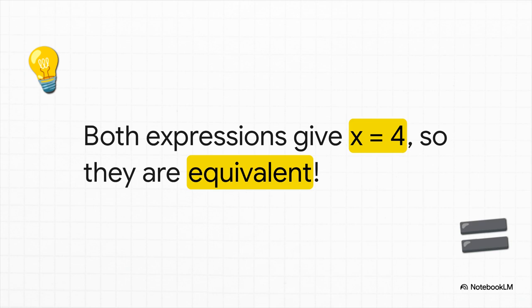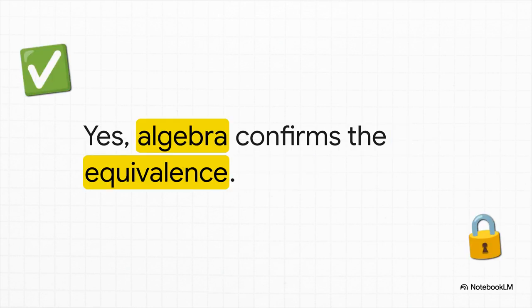And the second one, well, it's already telling us that x equals 4. The results are, you guessed it, identical. And there it is. That's the final, definitive proof. The unbreakable code of algebra confirms it, beyond any shadow of a doubt. These 2 expressions might look different, but they are absolutely, perfectly equivalent.